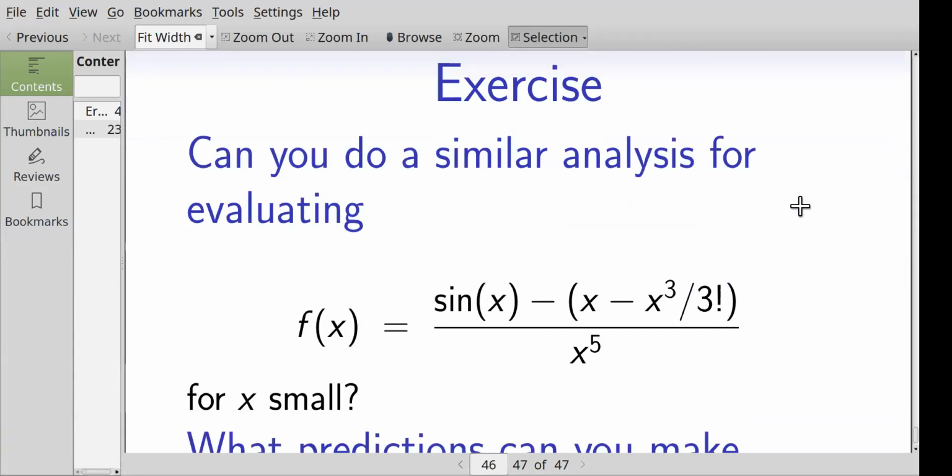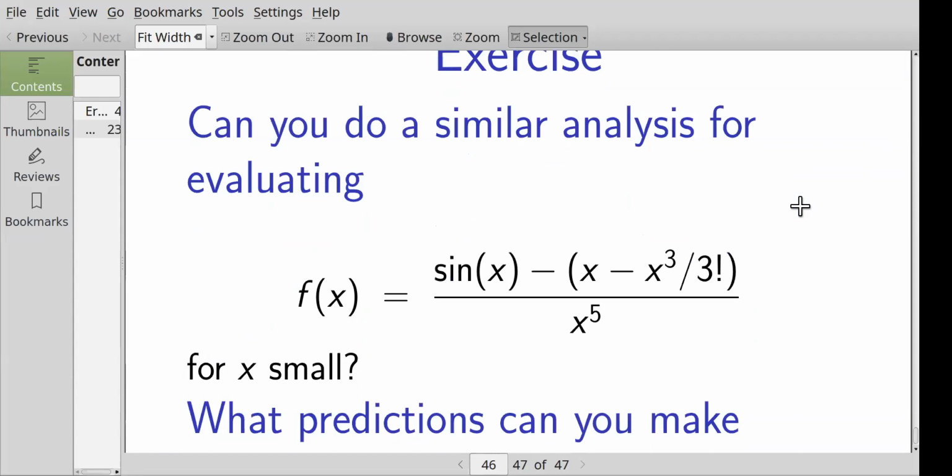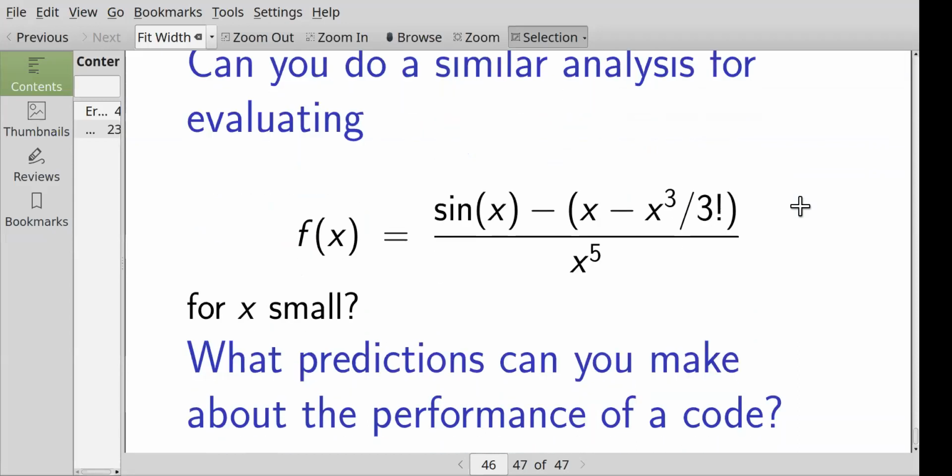And if you're a real keener, I want you to look at this f. So what have I done? I've taken sine of x and subtracted off the first 2 terms of the Taylor series for sine, for x small, and then divided by x to the 5th.